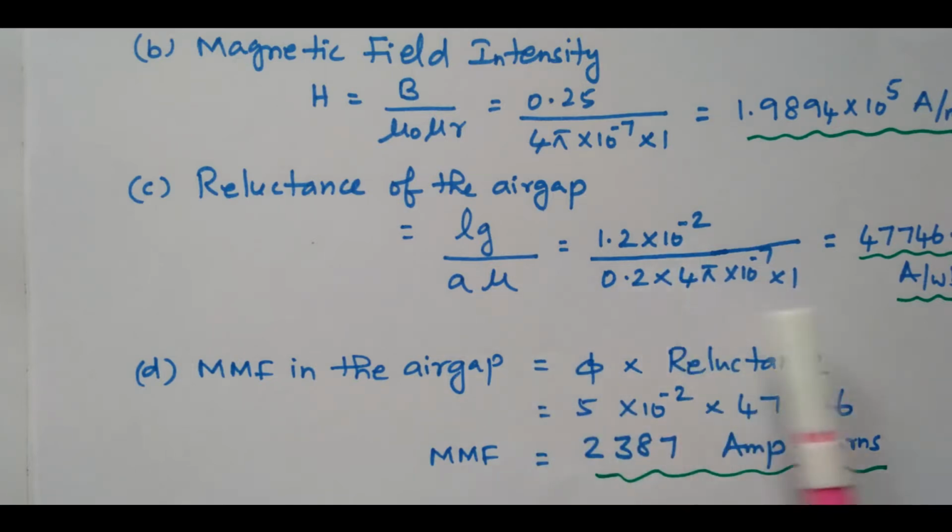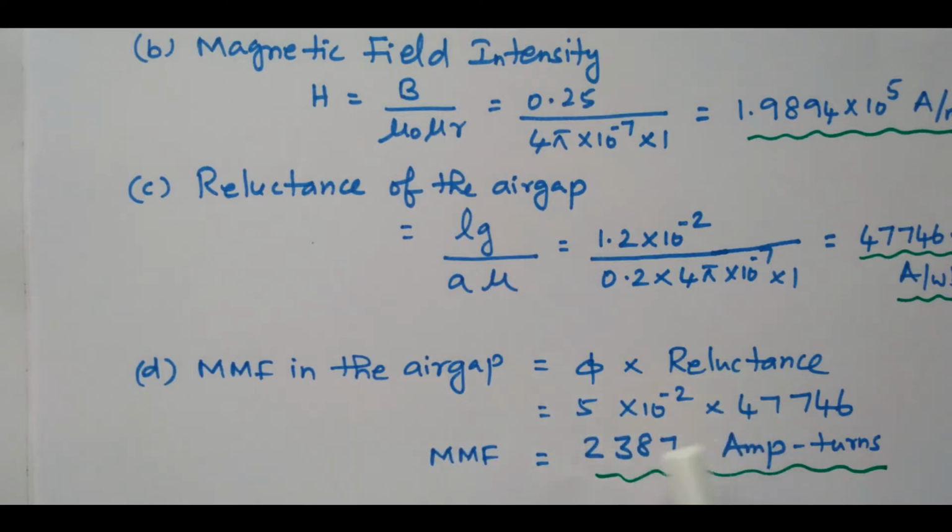By simplifying this we got 47,746.4 ampere per Weber. So the reluctance in the air gap is 47,746.4 ampere per Weber.